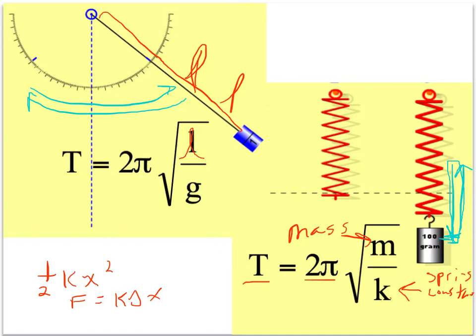So if we're on another planet, the period for the pendulum, the time it takes to complete one cycle, would change, but on Earth it's just the length that it depends on. And the equation that tells us the period for a swinging pendulum is 2 pi square root of L over g. You should know both of those. One's for a pendulum swinging and one's for a spring going back and forth. If you need to pause to write those down, you should do so now.